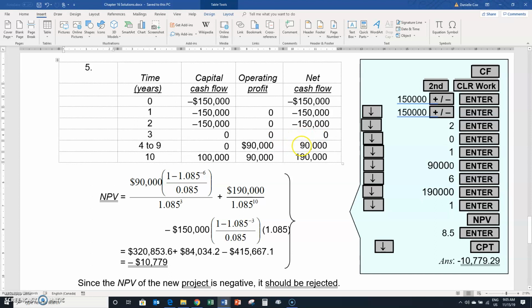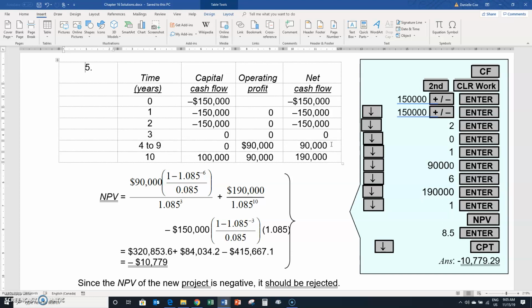Then we have to enter the 90,000. And that happens in year 4, 5, 6, 7, 8, and 9. So that is 6 years. So CO3, and you're going to enter 90,000. Now that's a cash inflow, so we leave it as positive. So enter. And then scroll down to FO3. And there we enter how many times that happens.